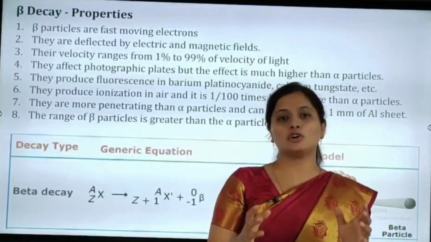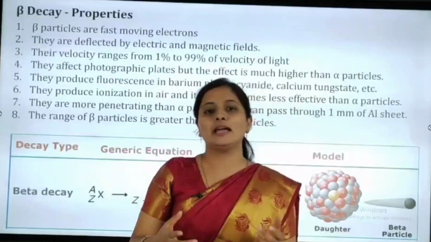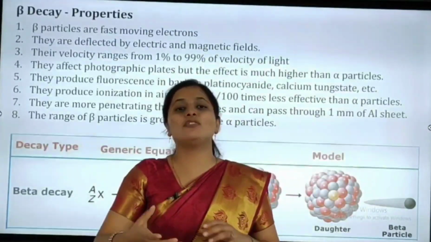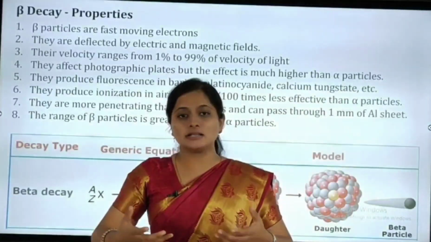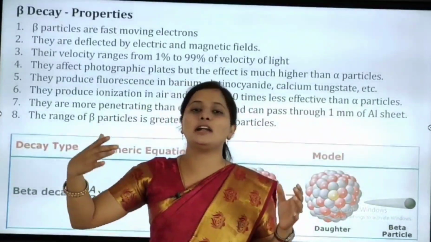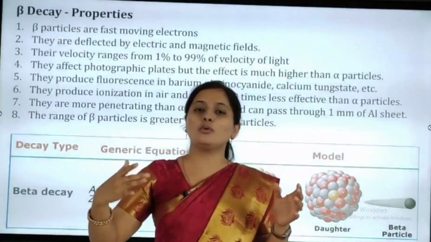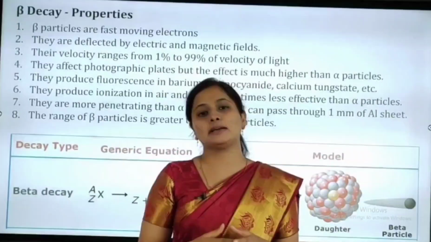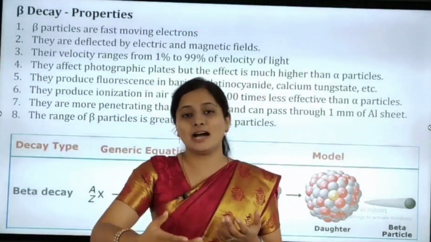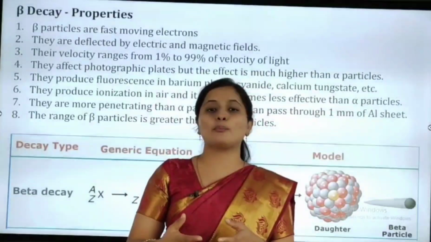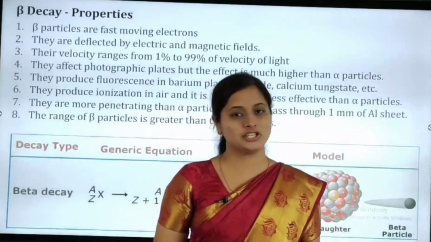Why? Because the alpha particle has a higher mass and less velocity, it can't pass through the aluminium sheet. But the beta particle has less mass and higher velocity, so it can pass through 1 mm of aluminium sheet.